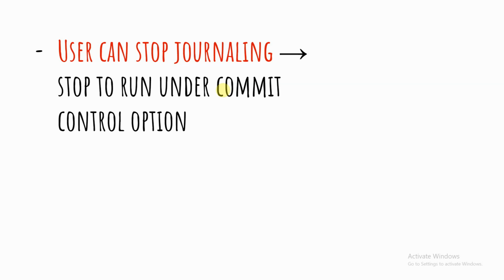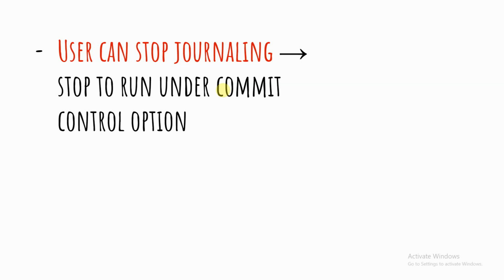Whenever we are compiling a program, we have a commitment control option during compilation, where we can set *NONE, *YES, or *CHG. Whenever we set *NONE, we don't have to worry about commitment control. But whenever we set it to *YES, then if we stop journaling, that would cause an issue, because the commitment control option basically demands journaling.